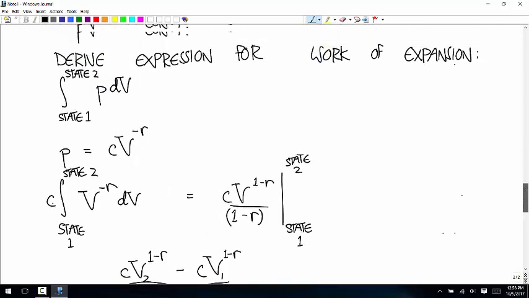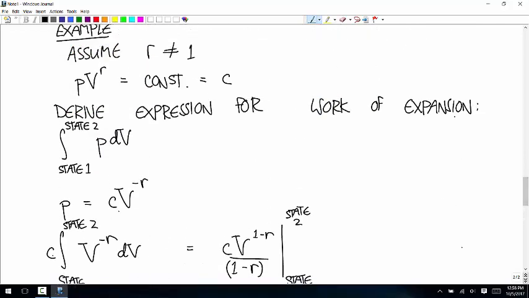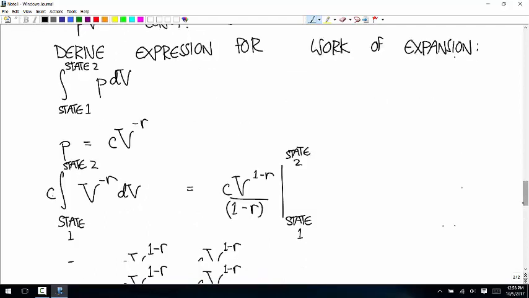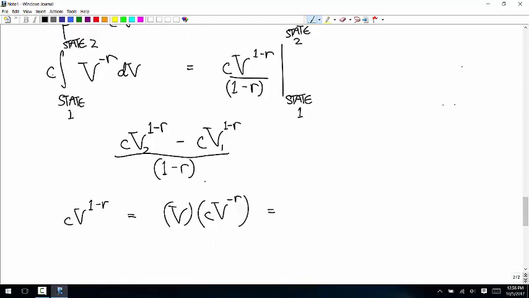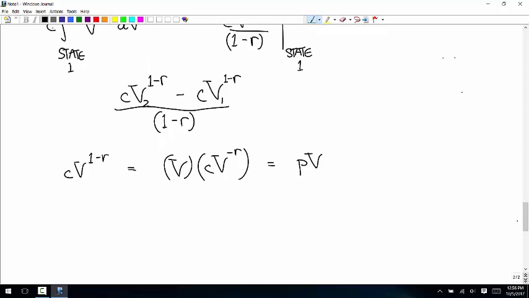And so C V to the minus n is P. So now I can make this substitution and just say this is equal to PV. And so the final answer is P2 V2 minus P1 V1 over 1 minus n.